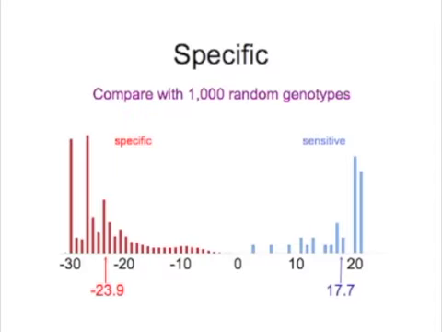Well, specificity is also important. How often do you get the wrong guy? So we did an experiment where we compared with 1,000, actually now 10,000 random genotypes, and shown in red is the exculpatory value. This is to what extent is this person excluded? And what you see is it doesn't go over 0.